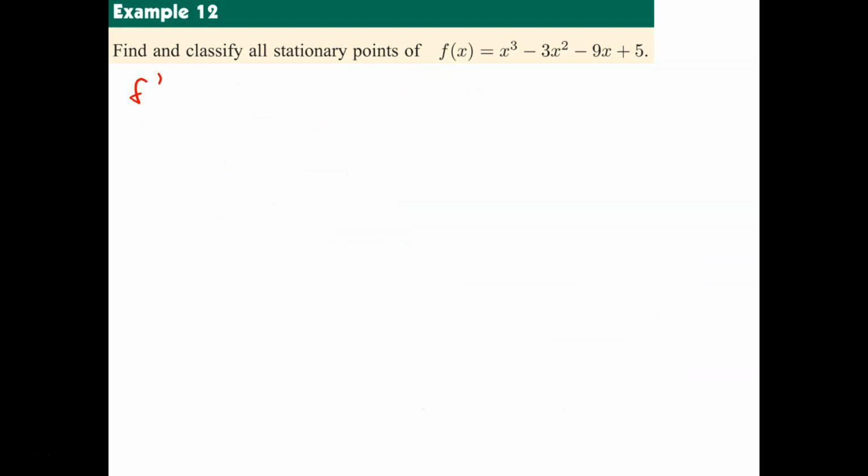Oh no, let's try this again. F dash of x is equal to 3x squared minus 6x minus 9. What do we do again? Well, we have to draw the sign diagram of this. To draw it, how about we factorize as much as we can? 3.